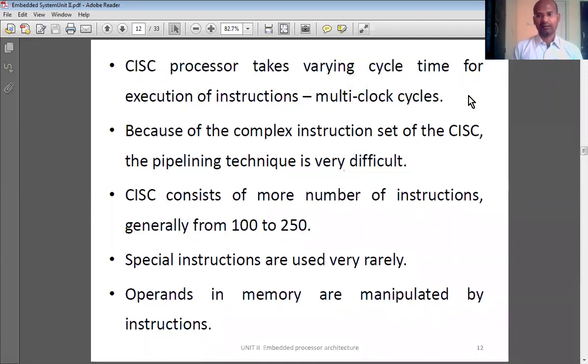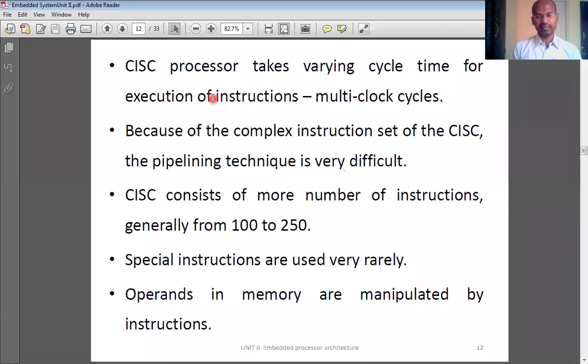There are simpler instructions which may be executed in 1 clock cycle. There are complex instructions which may need 3 to 4 clock cycles or even more. So that is the case with CISC. If it is a simpler instruction, that may be executed in 1 or 2 clock cycles. If it is a complex instruction, that may take 5 clock cycles.